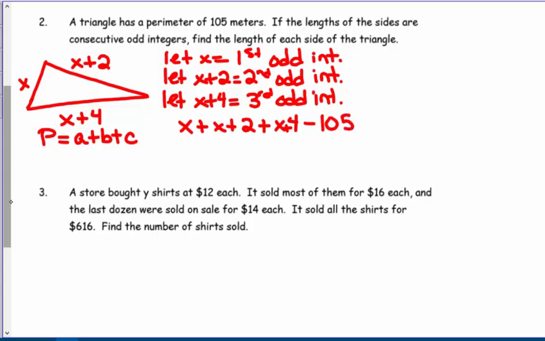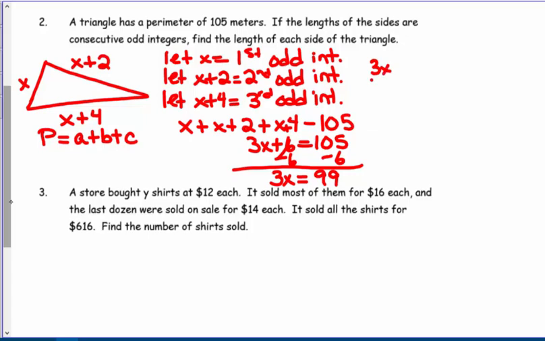So I get 3x plus 6, combining like terms, is 105. Subtracting 6, balancing my equation, using inverse operations, I get 3x is 99. And then dividing by 3 on both sides, I get x equals 33.